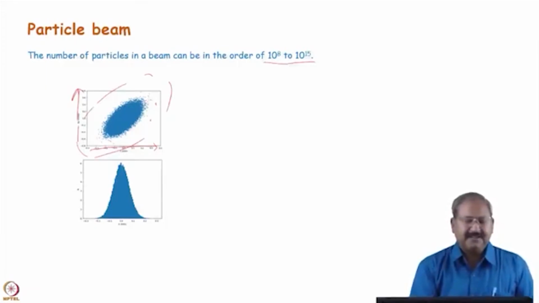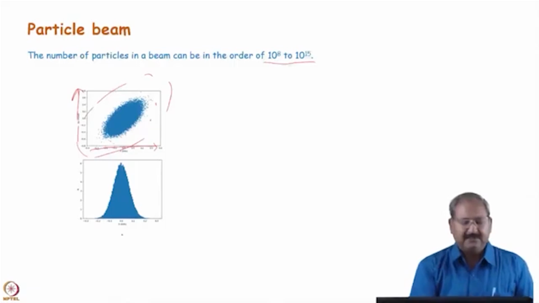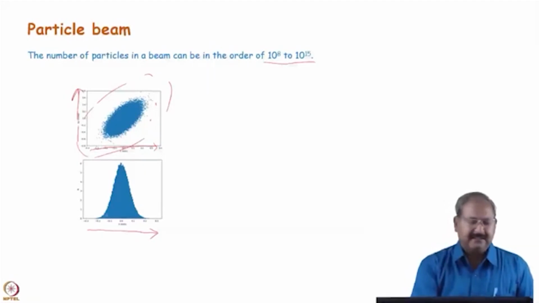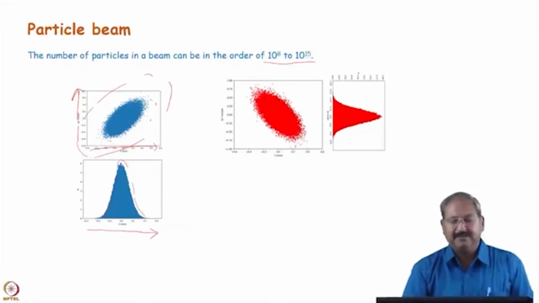So now you can see that there is a distribution of the particles in location and angles. And if you plot the distribution in location only, meaning at a certain location what is the number of particles, then we can get a certain kind of distribution in the beam. And the same kind of distribution the beam will have also in the vertical direction.